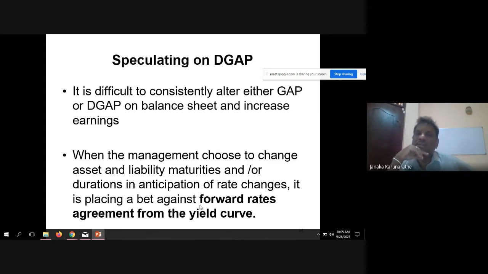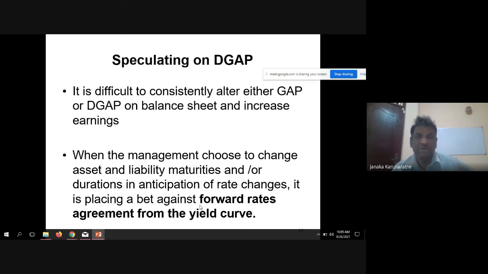Okay, so it's basically like betting, because we can never predict with great accuracy the changes going to take place in the future. But depending on certain market factors, economic factors, you take a chance, you bet on certain things going to happen in the future and take some decisions.